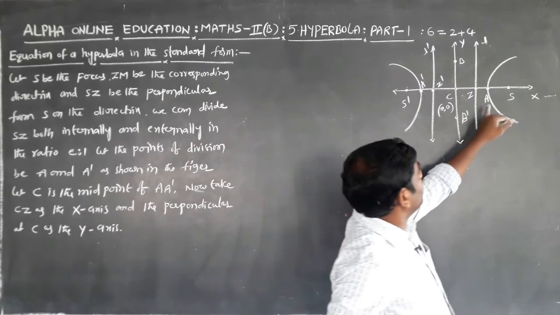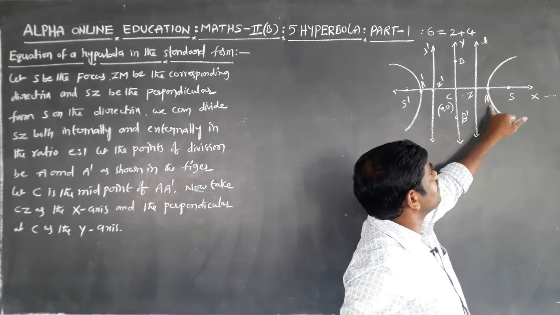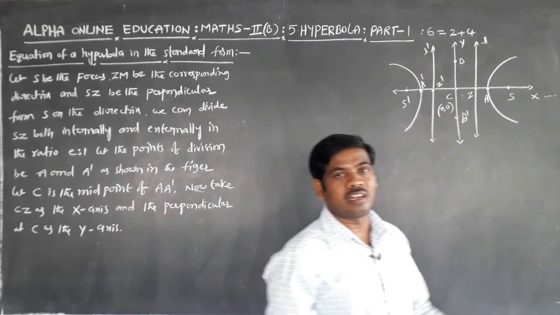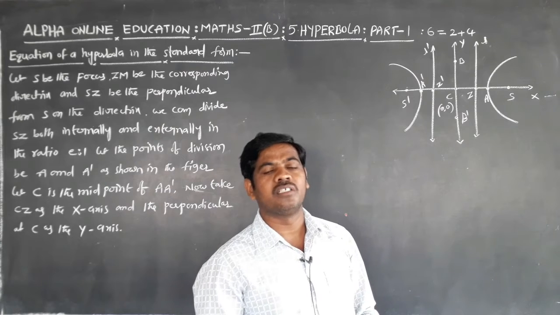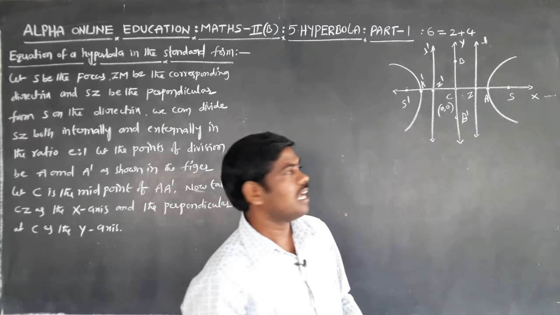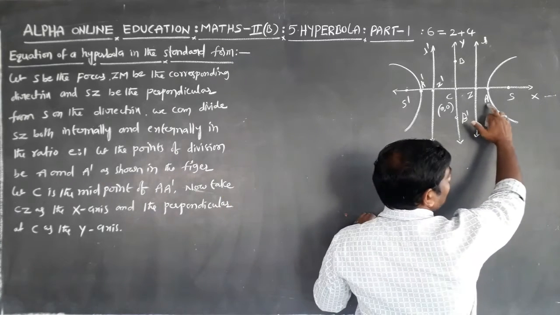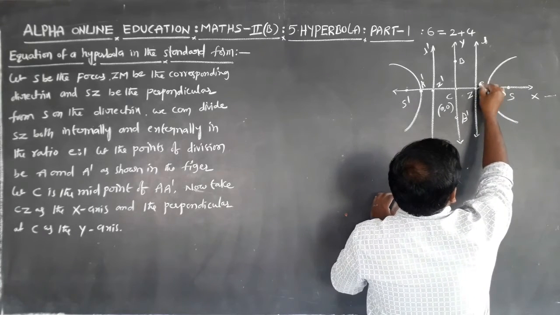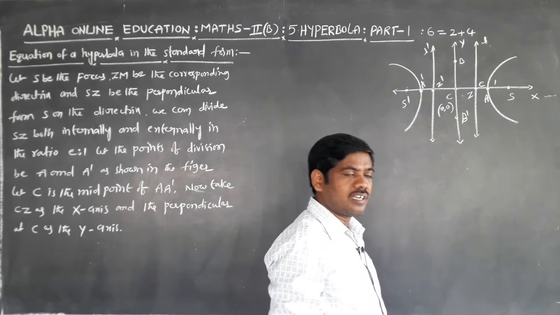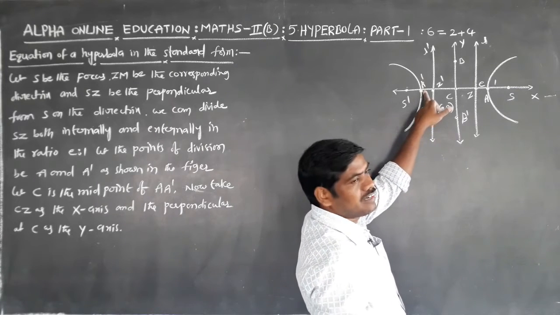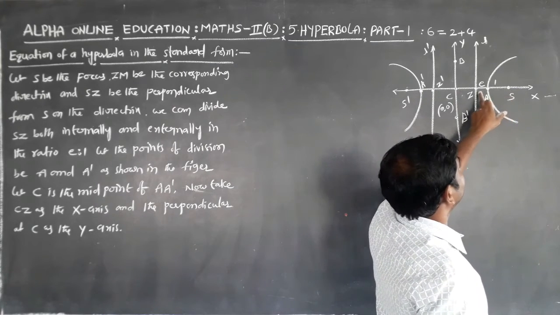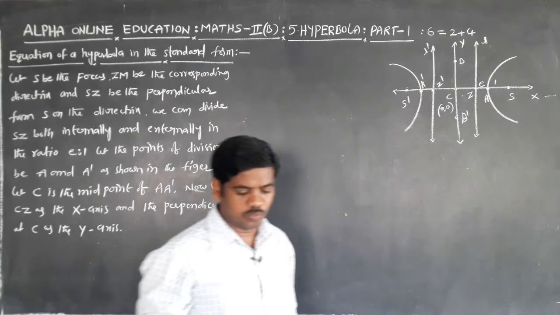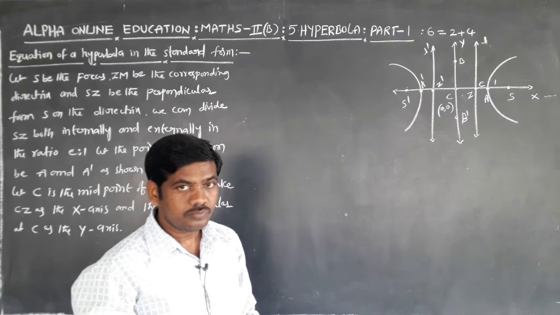Here A divides the line segment SZ in the ratio E:1 internally, and A dash divides the line segment SZ in the ratio E:1 externally.